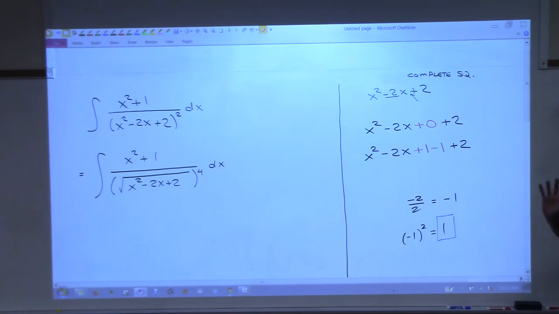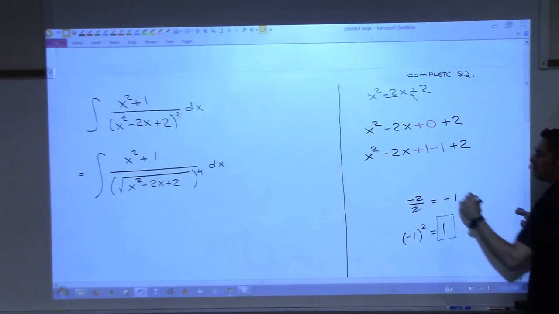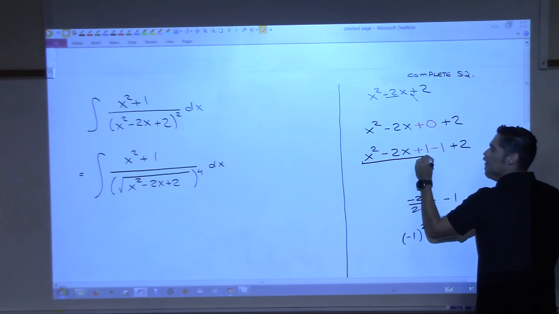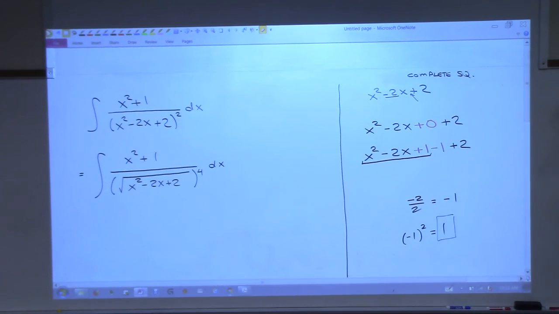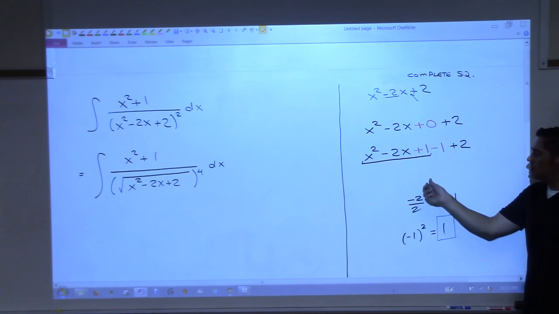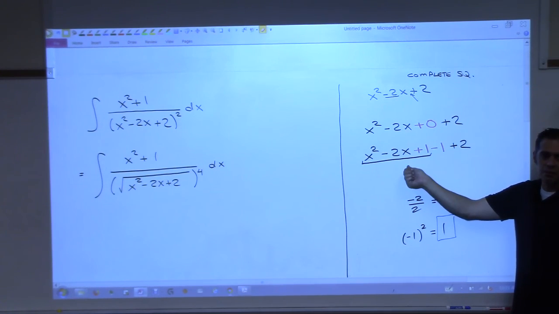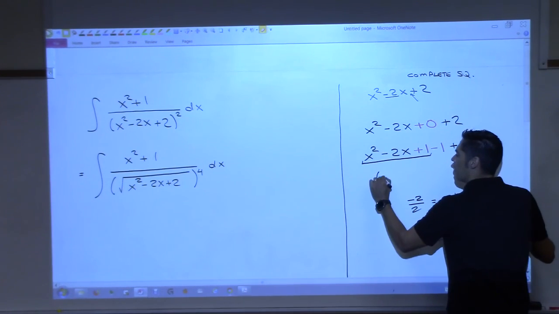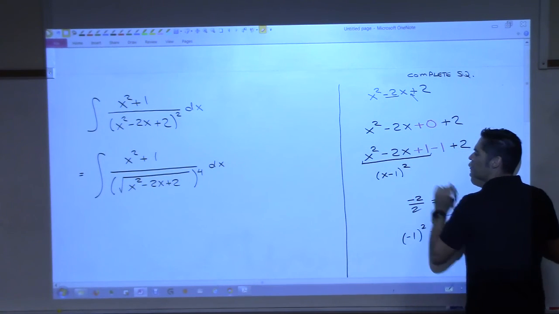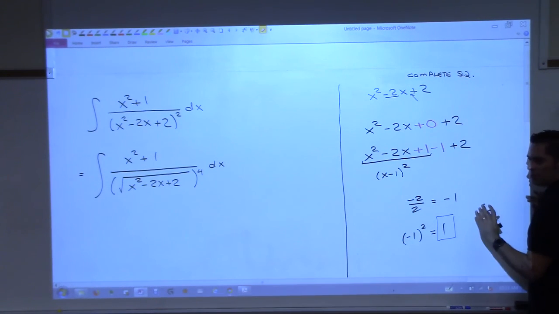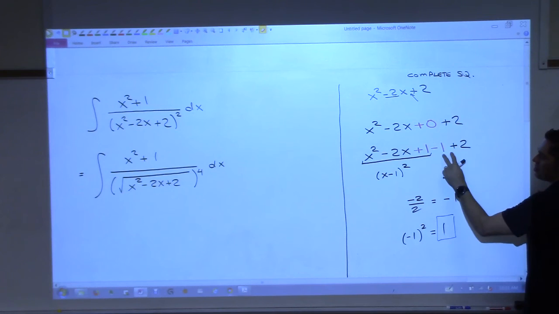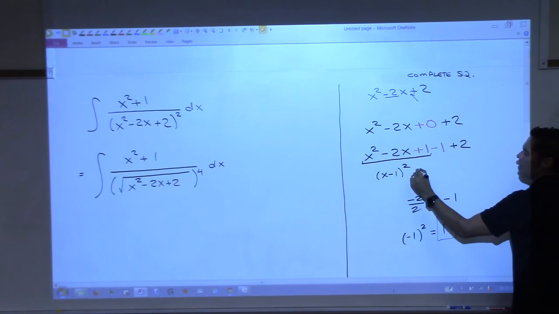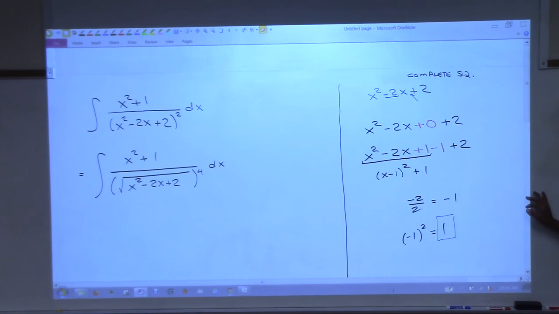And the whole reason we do this is because the first 3 terms turn out to be what? Guaranteed. They factor guaranteed, right? These will guarantee factor. This is what we call a perfect square trinomial. So this will become x minus 1, that quantity squared. Always, that'll factor. And then you still have these 2 terms, right? So plus 1. All right.